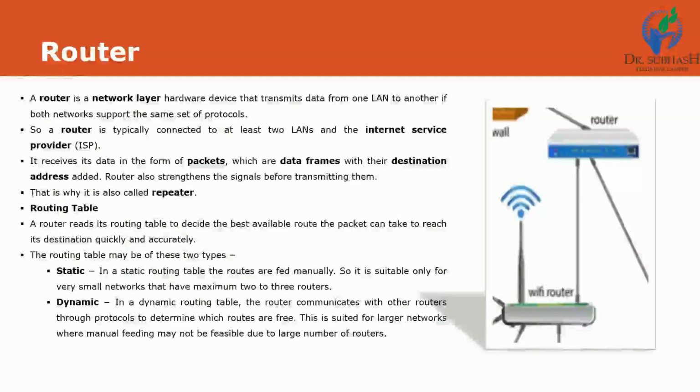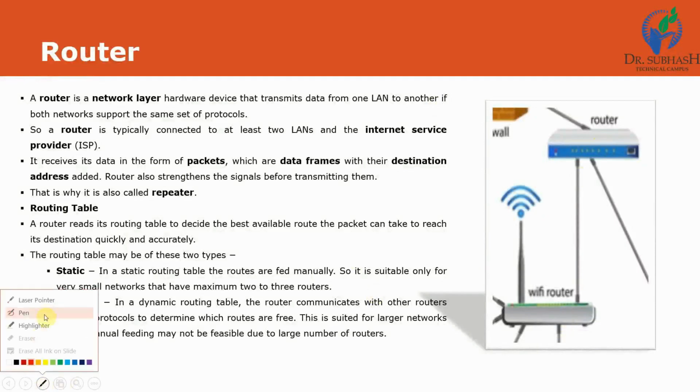A router is a device that will automatically identify static IP addresses. Now in the figure we have two different types of routers. See here, this is a router and also this is a router. This is a cable connected router and this is a Wi-Fi router.